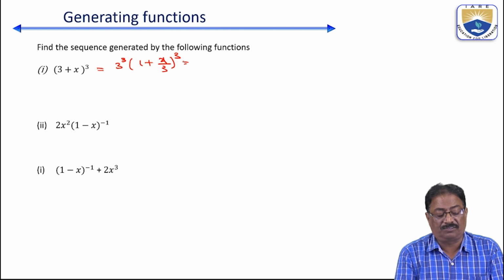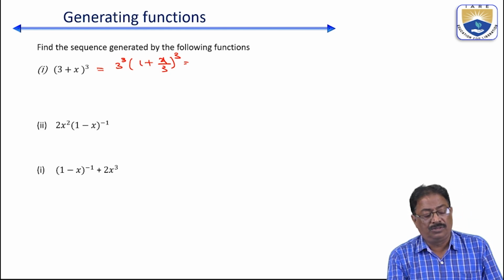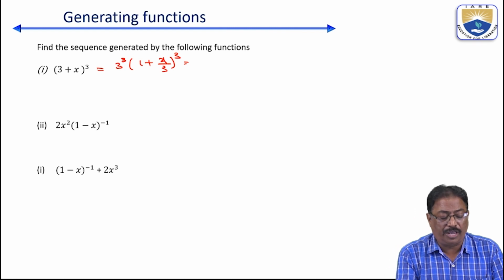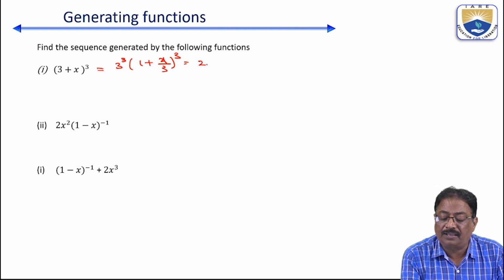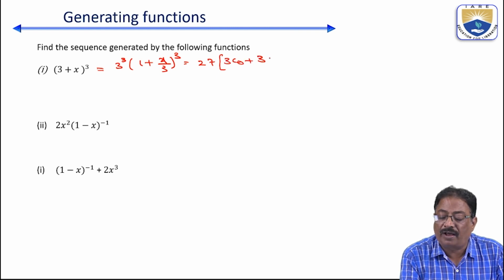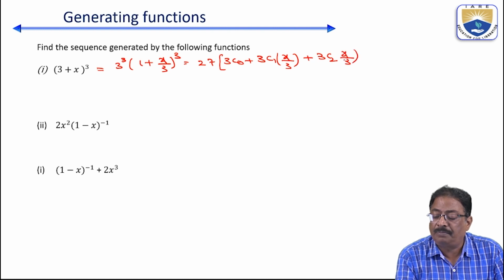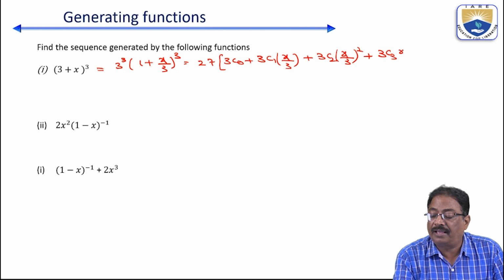Now this is of the form a plus b whole cubed, so I expand it: 27 times 3C0 plus 3C1 x by 3 plus 3C2 x by 3 whole square plus 3C3 x by 3 whole cube.